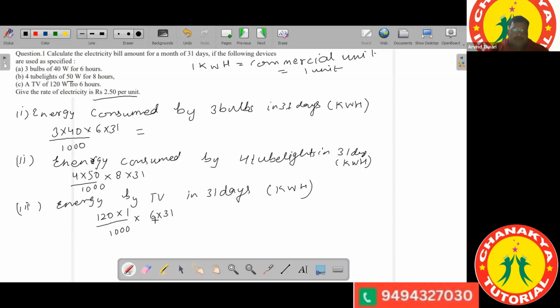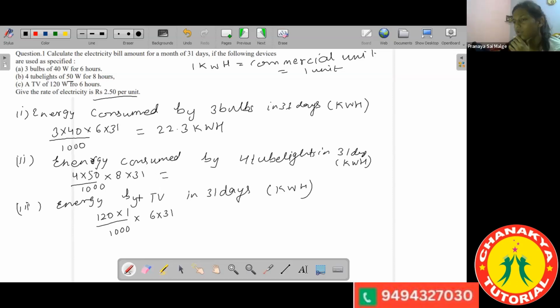Okay. So for the first one, if you multiply, you get 6 into 31 into 3 into 40 divided by 1000. So isn't it 2.3?